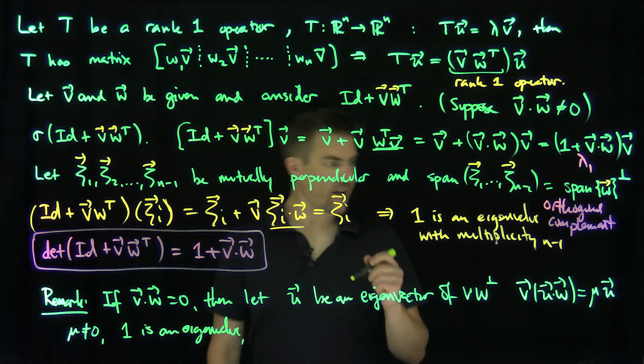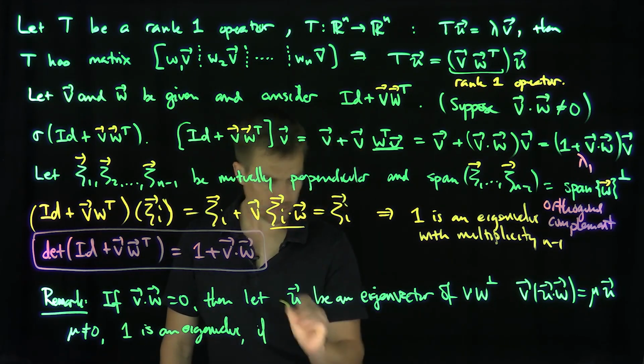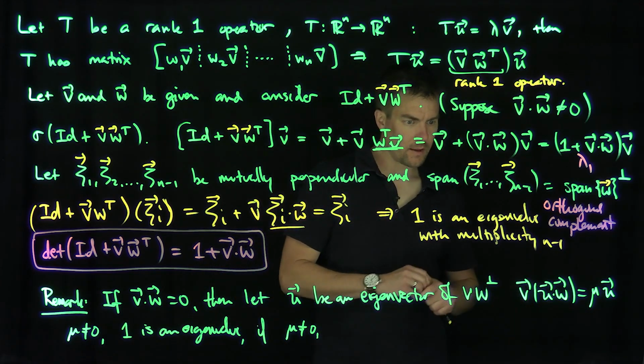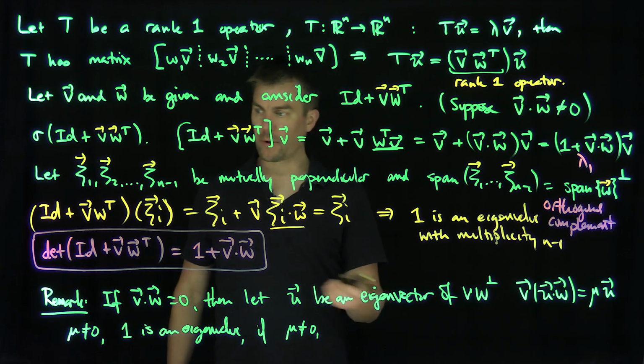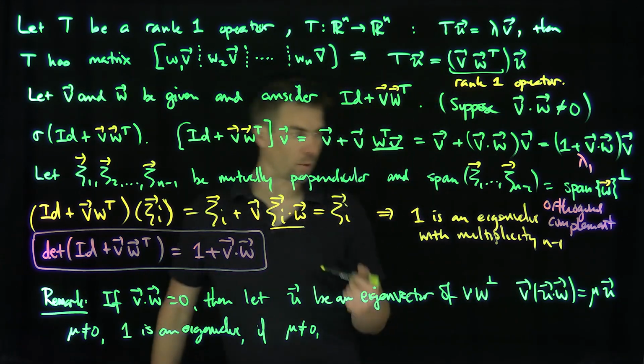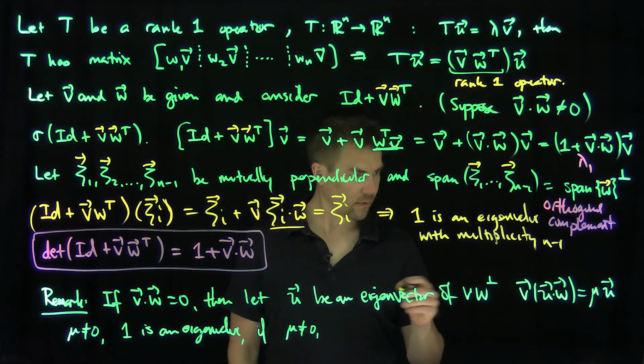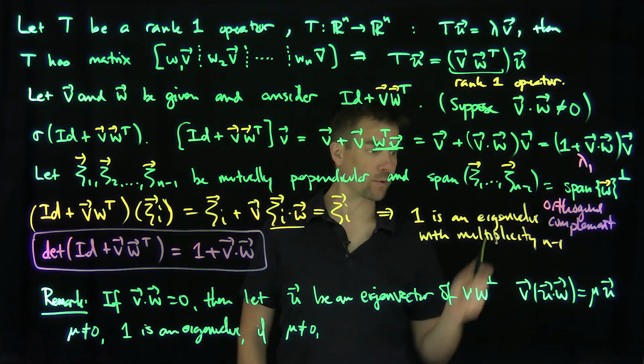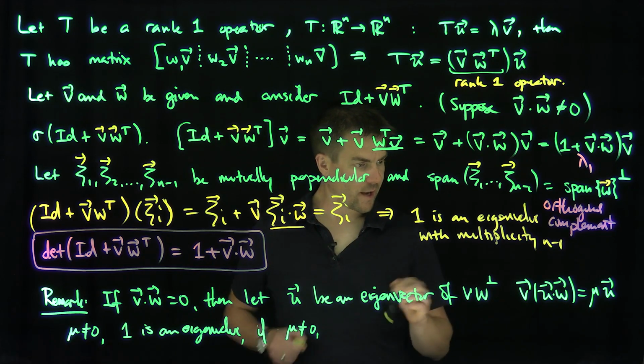Right? And if mu is not 0, then what can we say about this? I'd like to look at the orthogonal complement, right? What will v dot w be? We know that v dot w in this case is equal to 0. And then what can we say now?